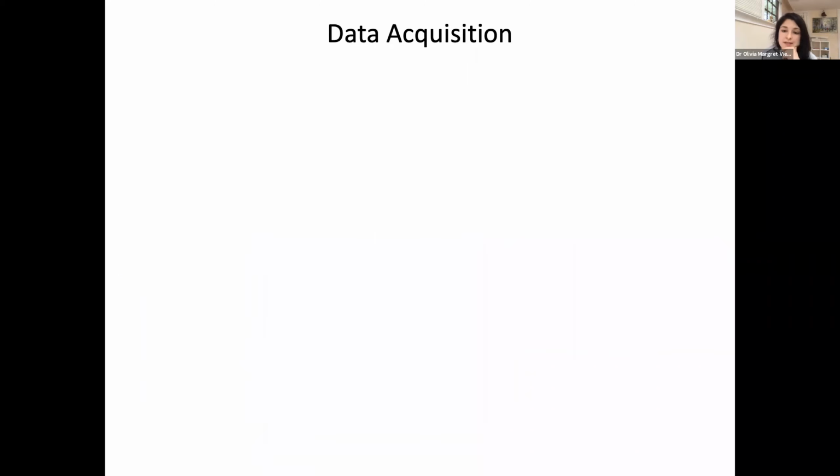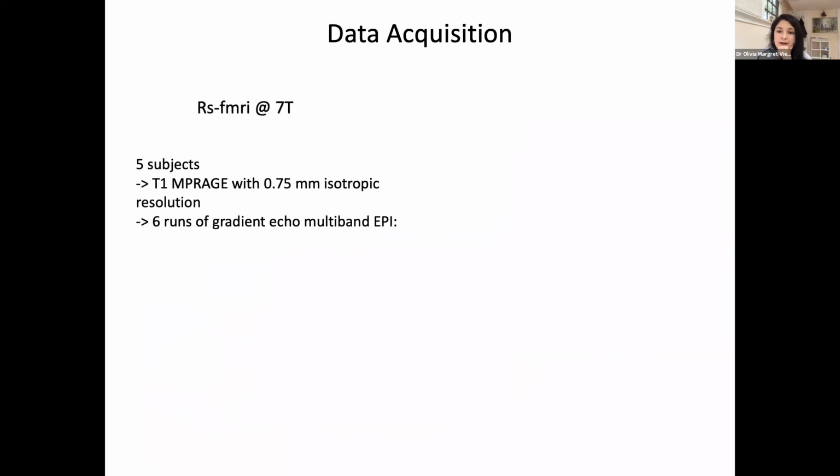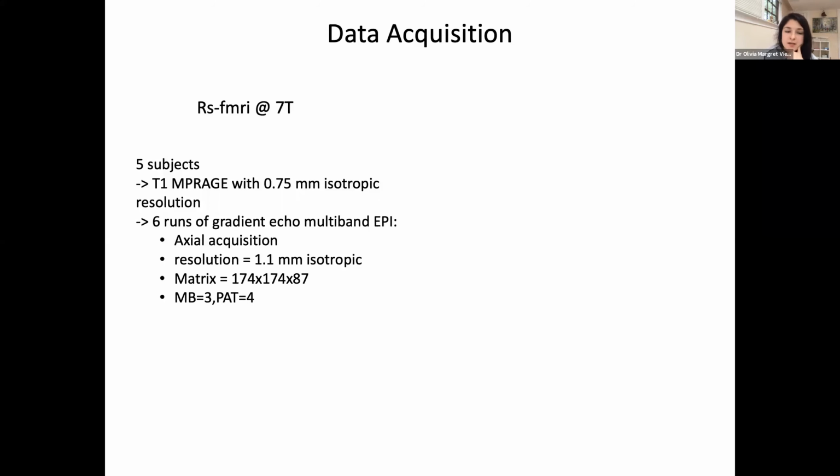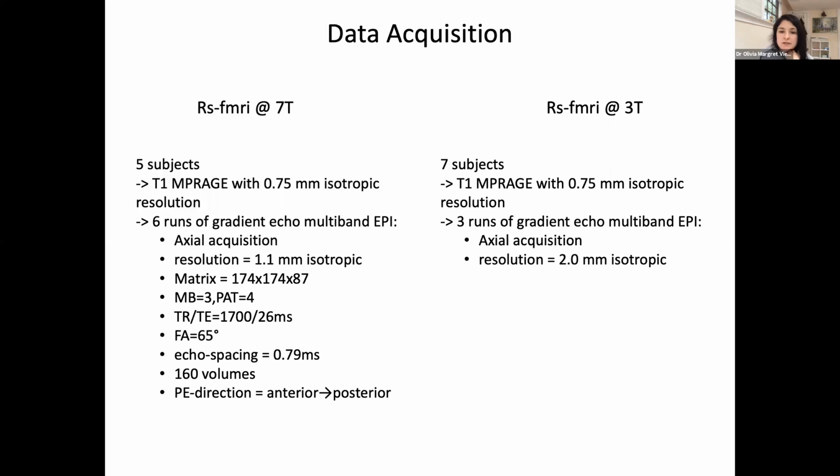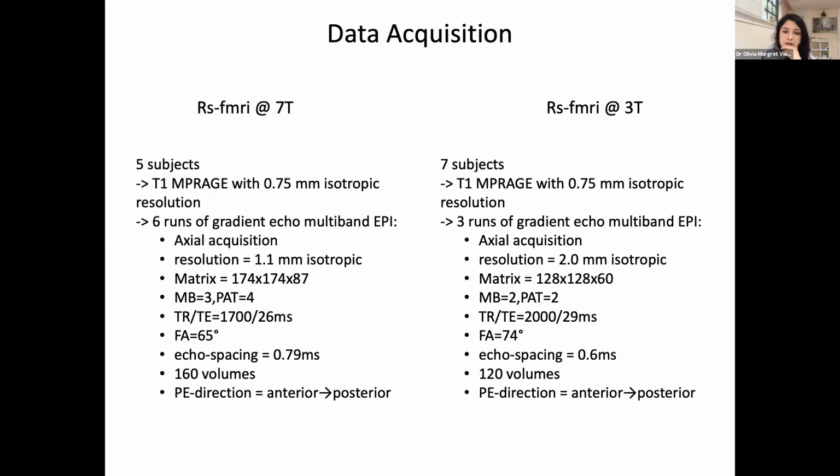So here are the specs of the resting state data that I'm about to present. We acquired data at 7T and at 3T. The 7T data is 1.1 millimeter isotropic, with a total acceleration of 12. And the 3T data is 2 millimeter with a total acceleration of 4.